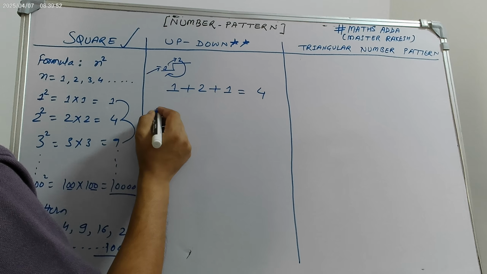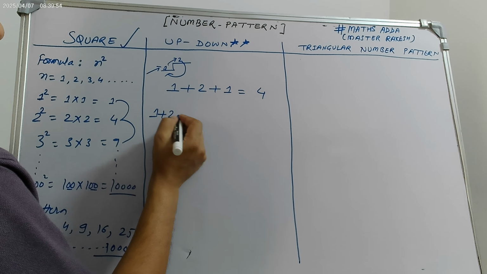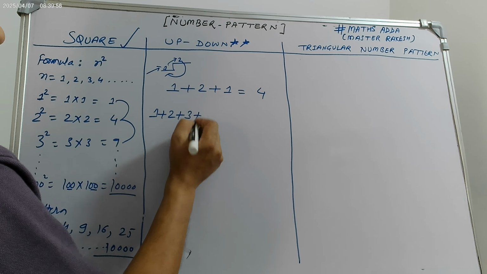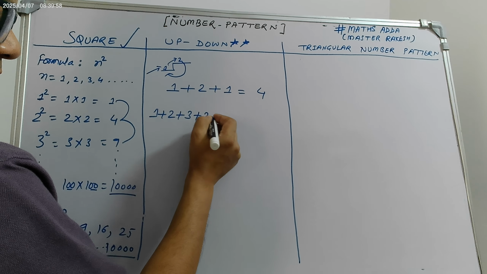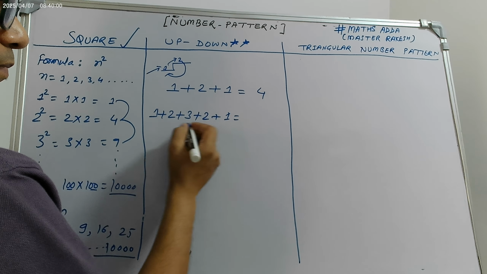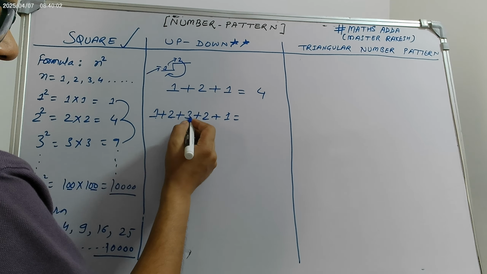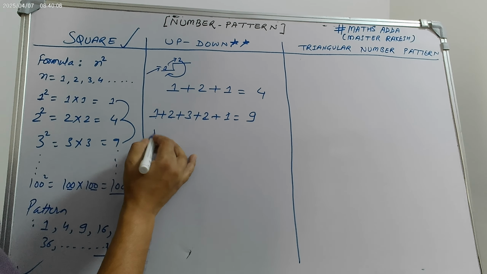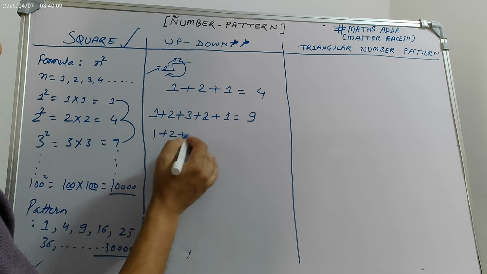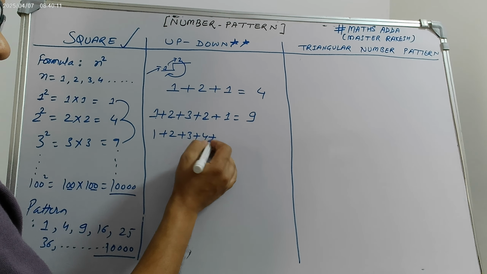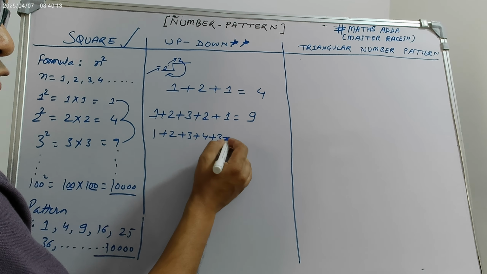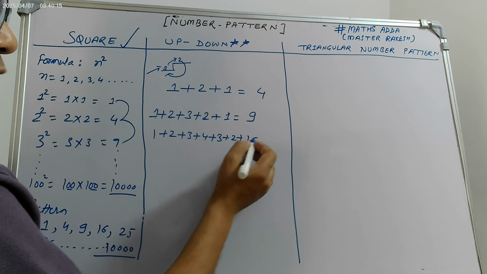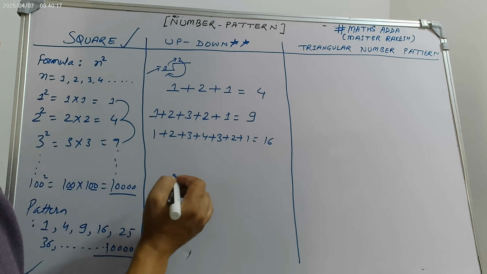If you go from the first floor to the third floor, going 1, 2, 3, then coming back 2, 1: 1 2 3 2 1. Adding, 1 plus 2 is 3, plus 3 is 6, plus 2 is 8, plus 1 is 9. If you go to the fourth floor, 1 2 3 4, then coming backward 3 2 1, it becomes 16.